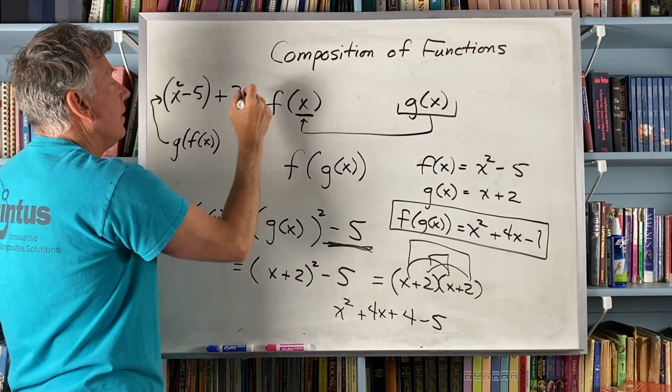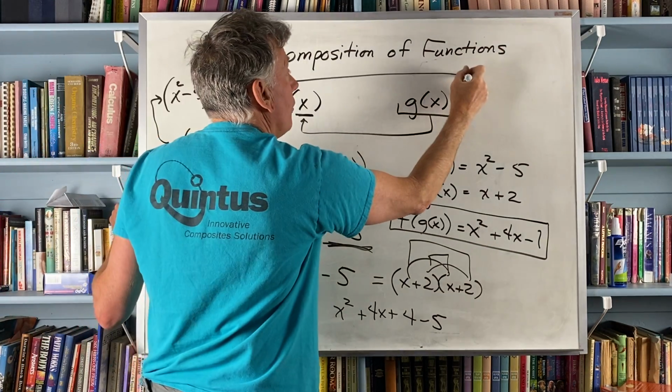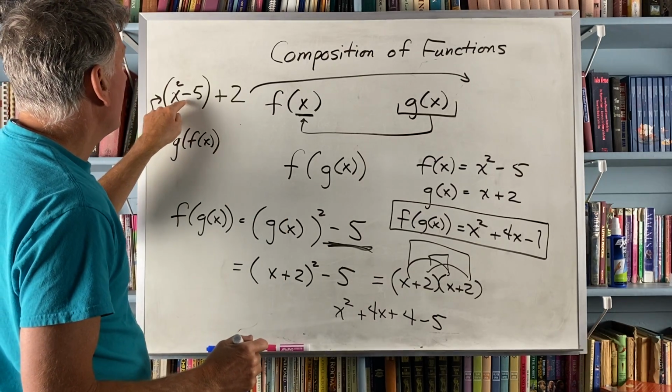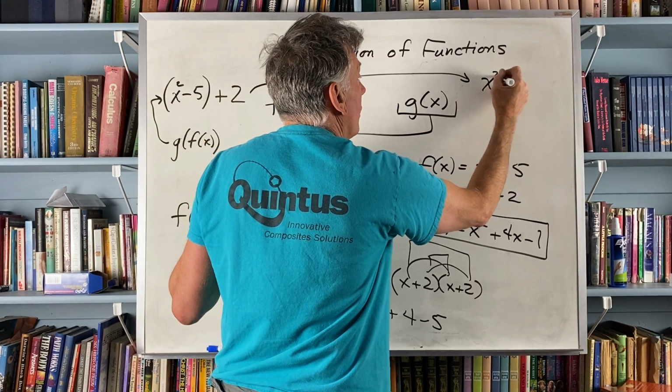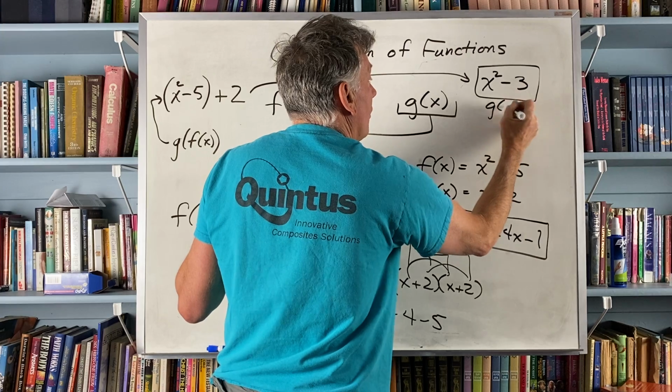Really running out of room on my board. Let's now go all the way over here and write g of f of x is going to be x squared minus 5 plus 2, which is x squared minus 3. That's g of f of x.